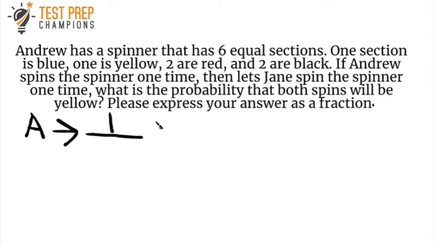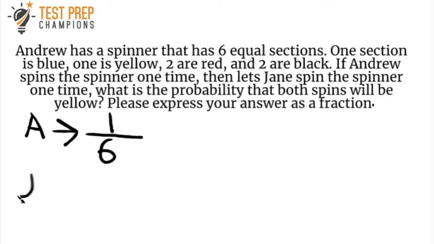In other words, there's one favorable outcome. Now, what about the total outcomes here? Well, we're told that there are 6 equal sections, right? We've got one that's blue, one that's yellow, 2 that are red, and 2 that are black. So there are 6 equal sections. All right, so the probability written as a fraction would be 1/6 chance of getting a yellow. The probability of him getting the yellow is 1 out of 6.